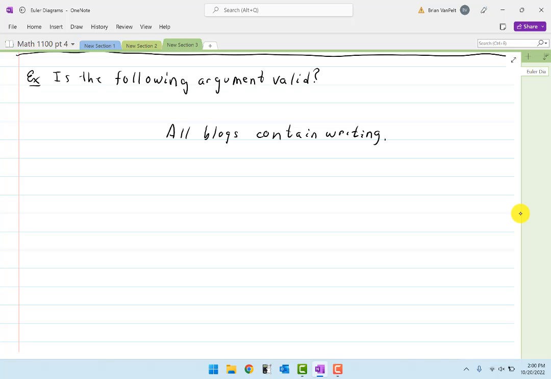This book contains writing. Therefore, this book is a blog.